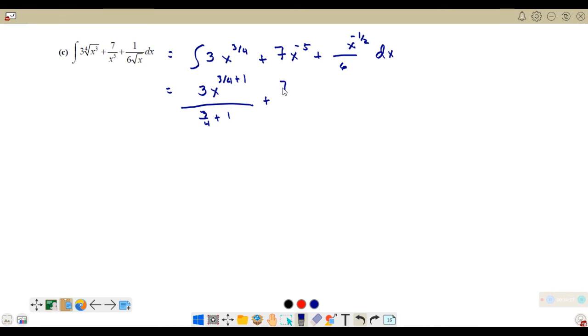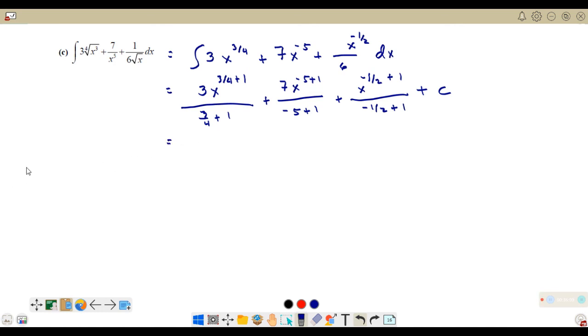Dito, meron tayong 7x raised to the negative 5. Add tayo ng 1. And then, sa denominator, negative 5 plus 1 din. Finally, for this one, we have x raised to the power of negative 1 half. Mag-add tayo ng 1, and at the denominator, we have negative 1 half plus 1. And to end our antiderivative, we are going to add the constant c.